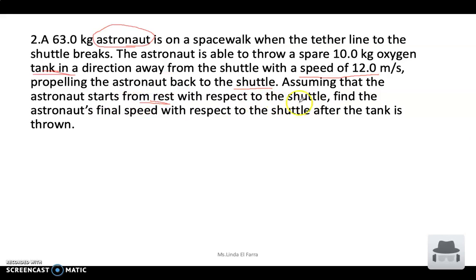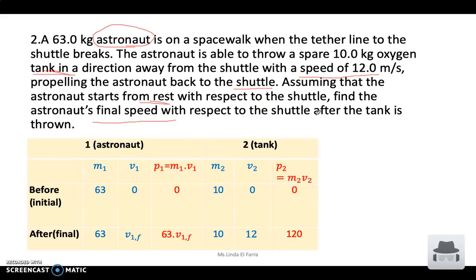With respect to the shuttle, find the astronaut's final speed. Now again, I'm going to do my table. I have two objects. First object is my astronaut, and second object is his tank. And I will write in the table initial or before, and after, which is final.